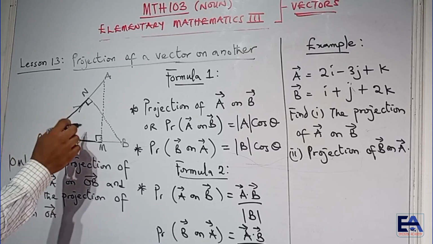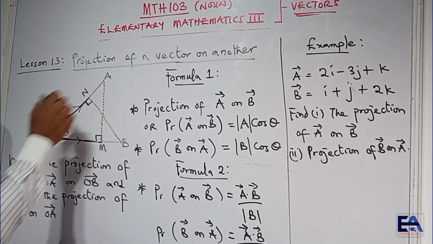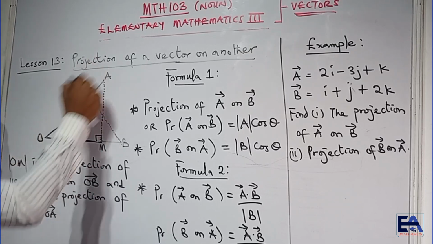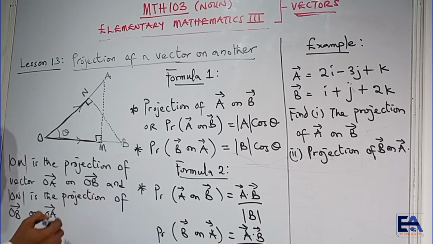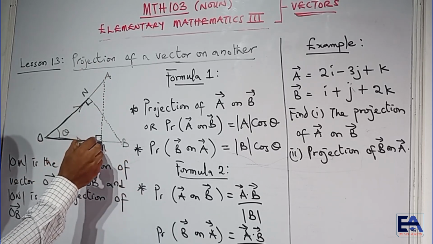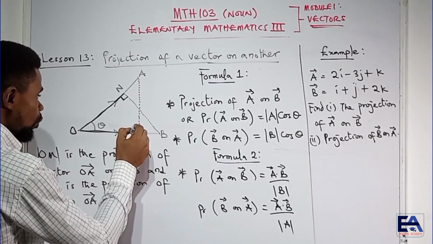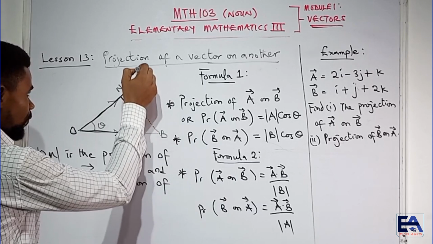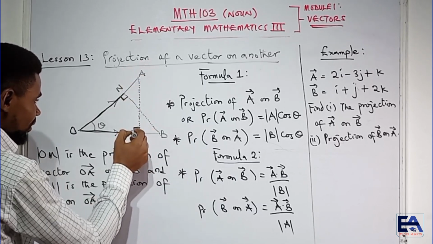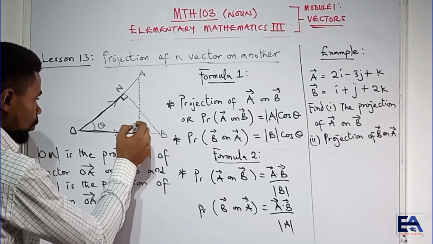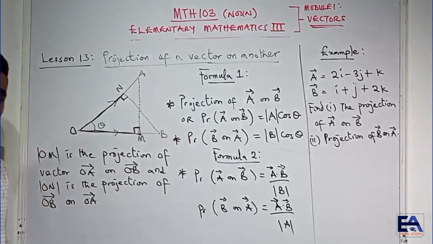And then let's assume that there is a particular line also from the vector OA such that when you trace it down to the second vector OB, it will land at a particular point where the line from the end of that OA makes 90 degrees. That is, it becomes perpendicular to that vector OB.